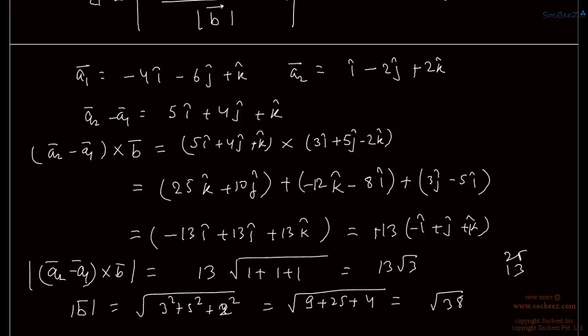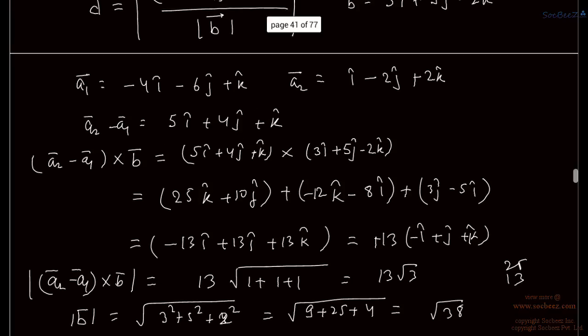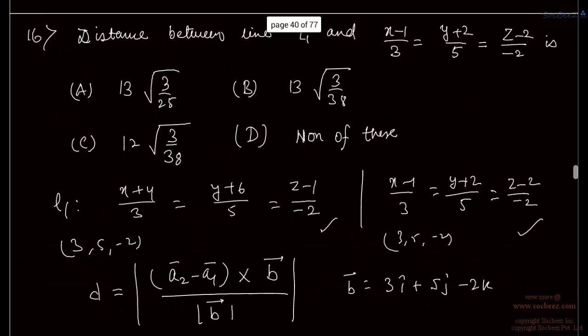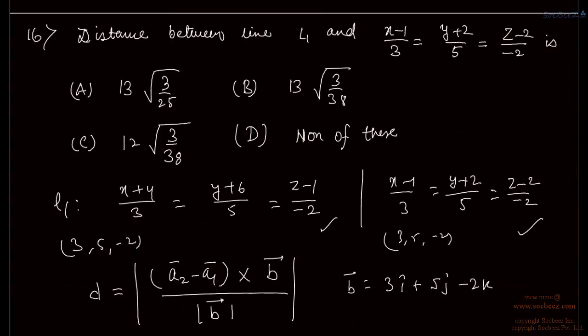So we have distance D as 13 root 3 upon root 38. So from here option B is correct. Okay.